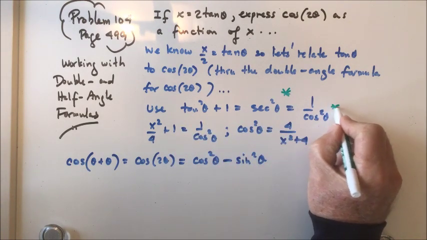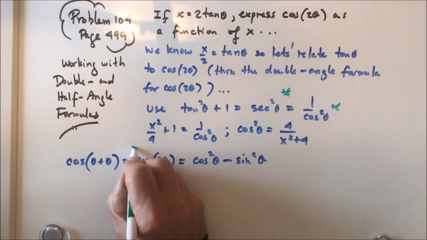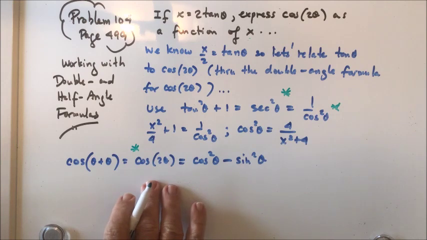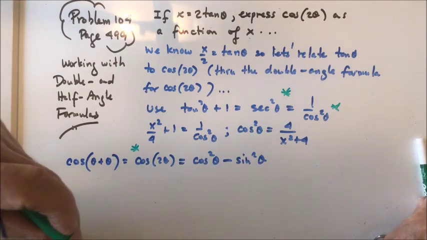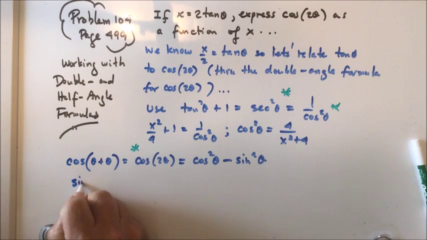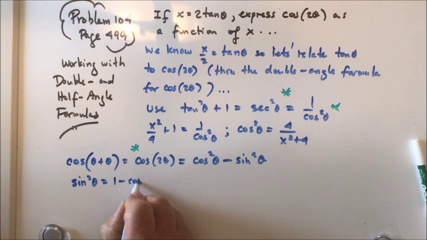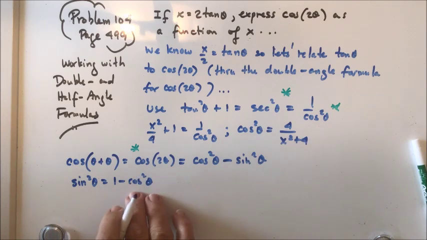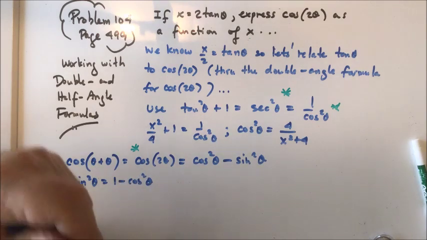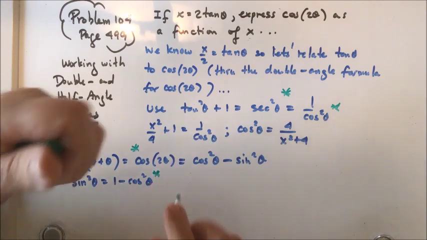We made use of this reciprocal identity. I just pulled out this third identity, which is the double angle formula. And here I'm going to give you the fourth one right here. Remember that sine squared theta is equal to 1 minus cosine squared theta. And that's because sine squared plus cosine squared is equal to 1. A fourth identity, or a fourth miracle, if you will.